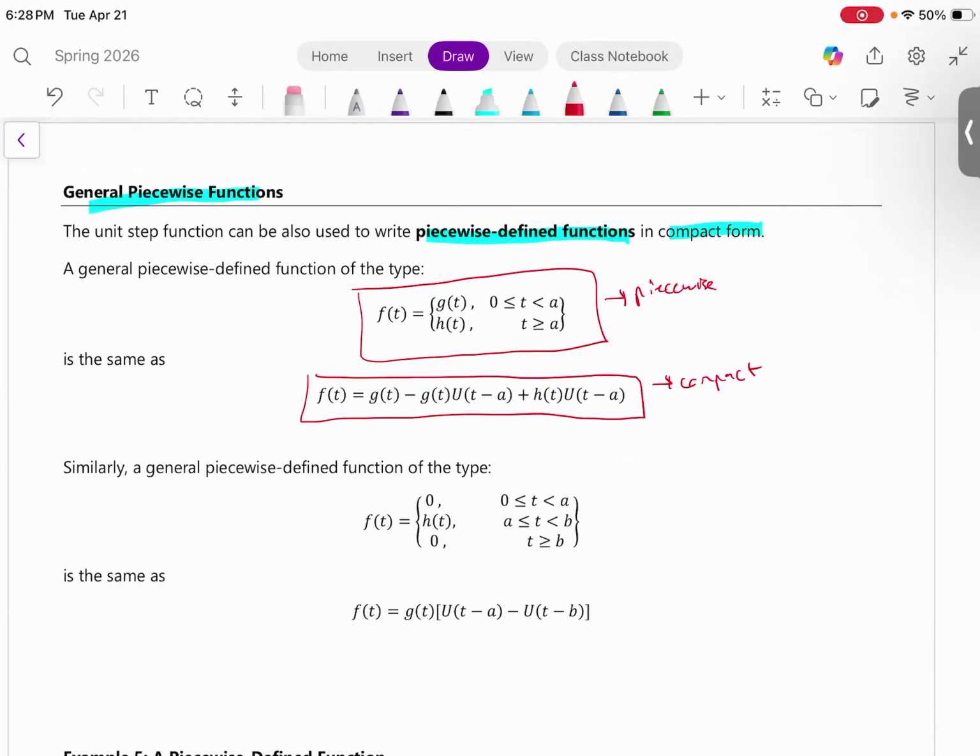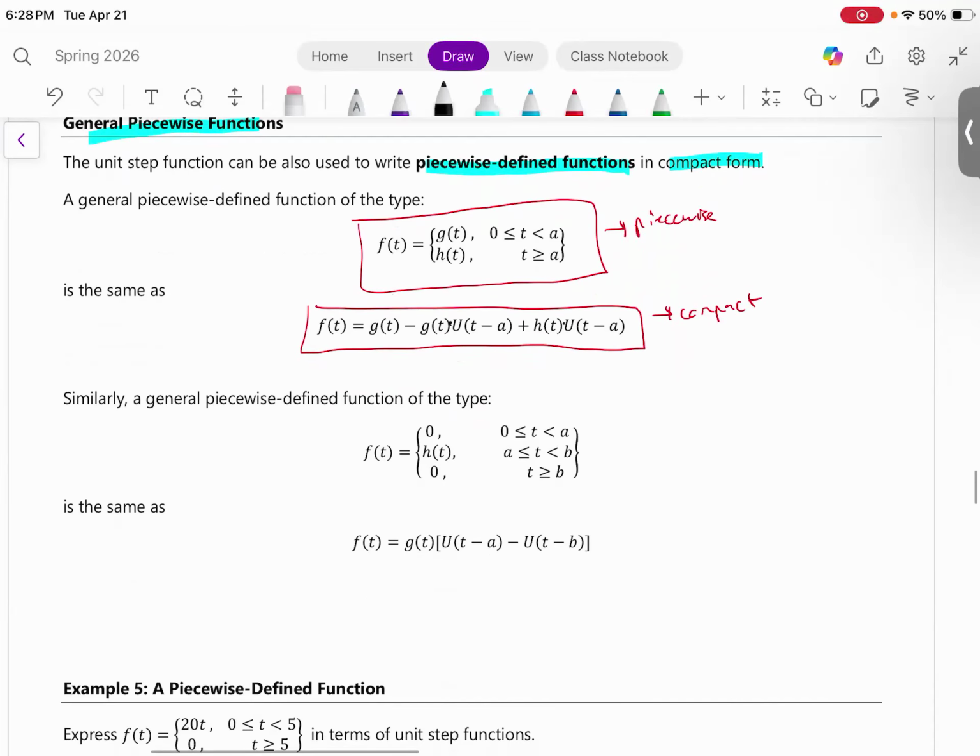We can write it as f of t equals g of t minus g of t times the unit step function u of t minus a, plus h of t times the unit step function u of t minus a. So we're utilizing the unit step function to take a piecewise defined function and compact it.